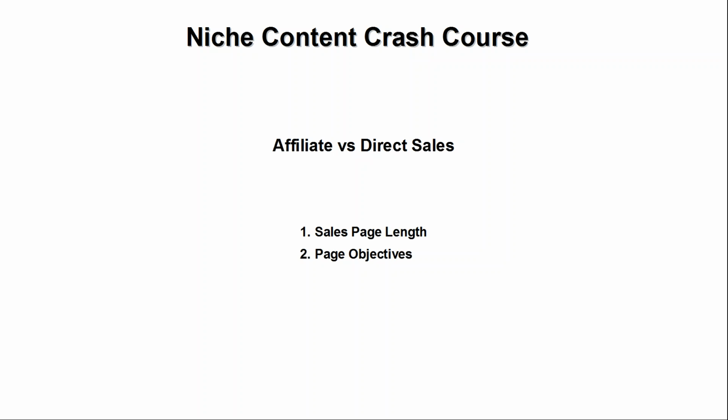I also briefly mentioned the objectives of these two types of pages. All sales pages have a predefined objective, something that you are trying to accomplish with that writing, with publishing this particular page on a website.